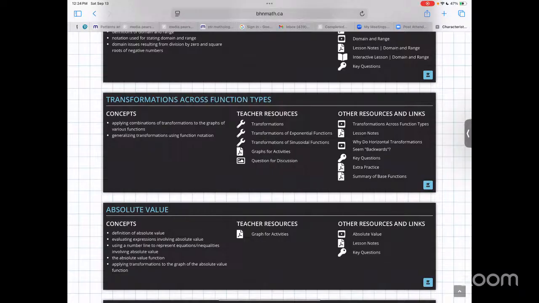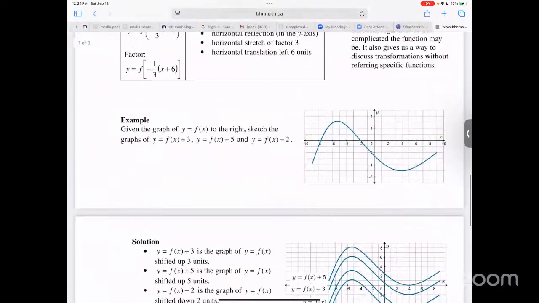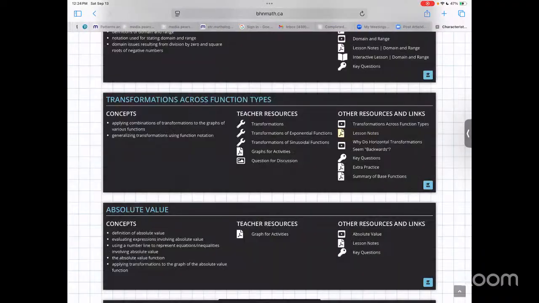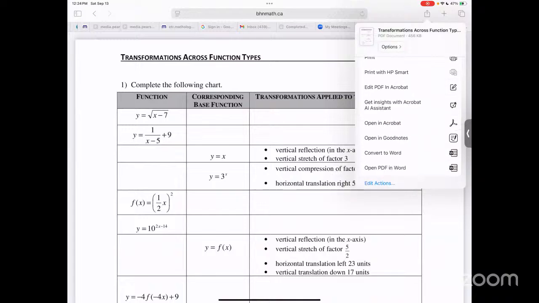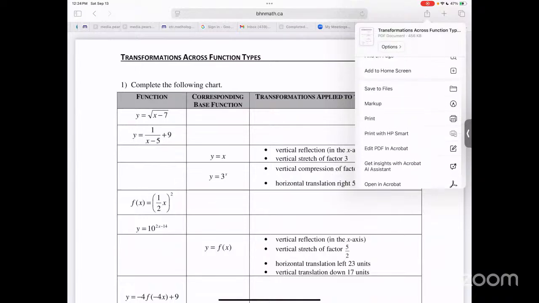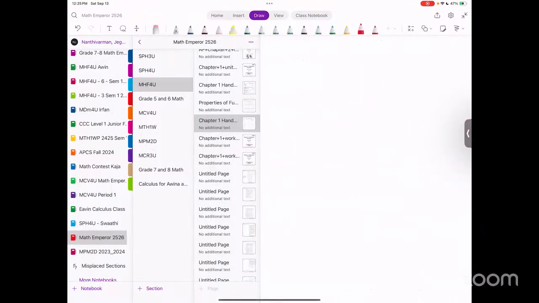Oh yeah, transformation of function. Not this one either. Where's my handout? I put it extra. Oh yes, extra practice. So that's going to save to files. Pretty cool. Okay, so I'm just going to insert that. All right.